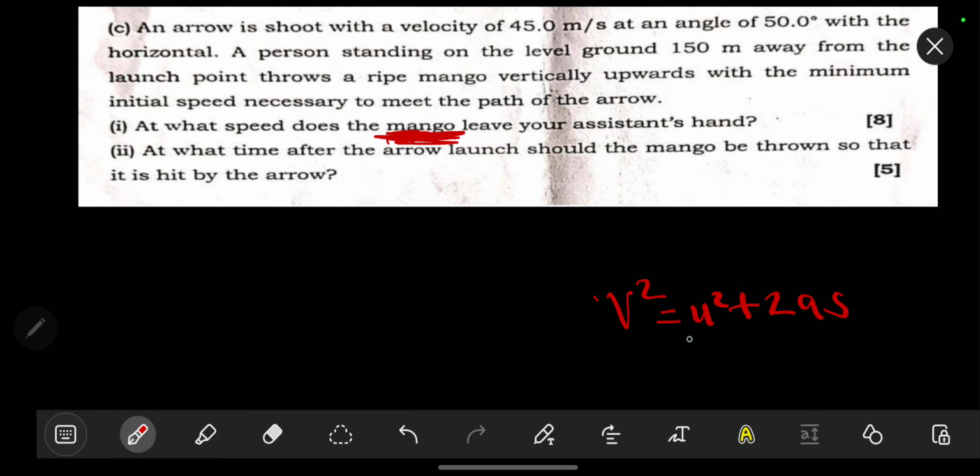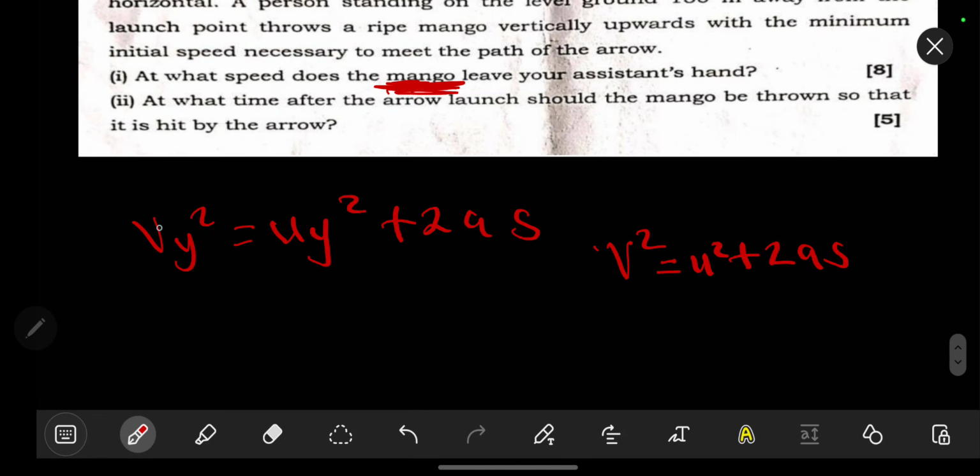So using this formula, we are going to say our v squared, now it will be in the y, should be equal to uy squared plus our 2as like that. So our final velocity should be 0 squared, if it's the minimum speed, equal to the initial velocity, which we don't know.